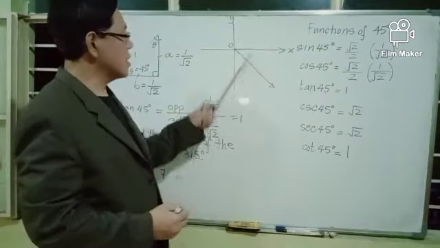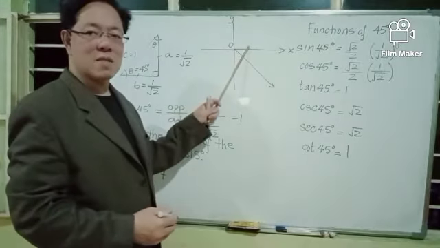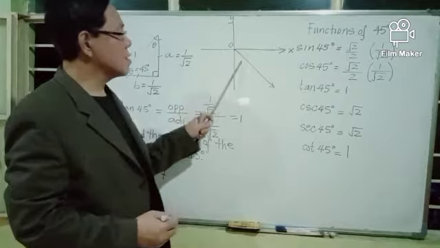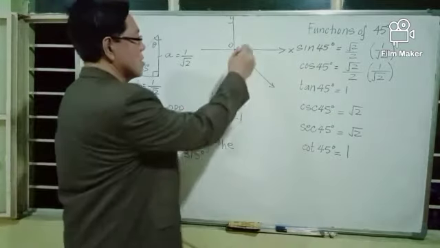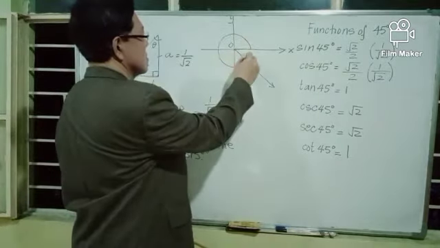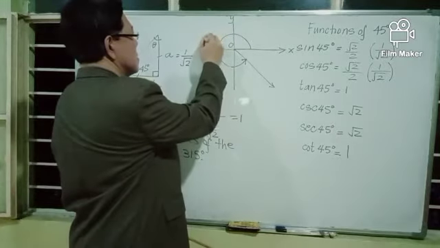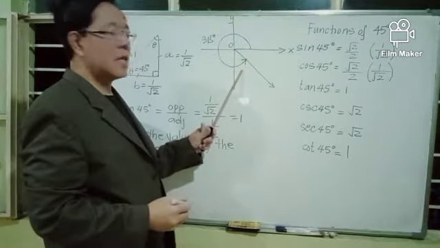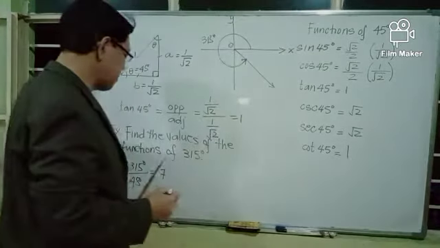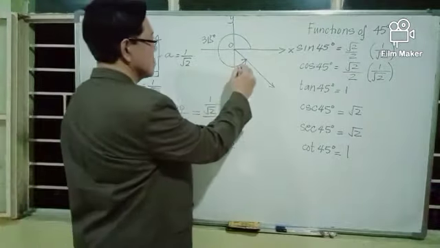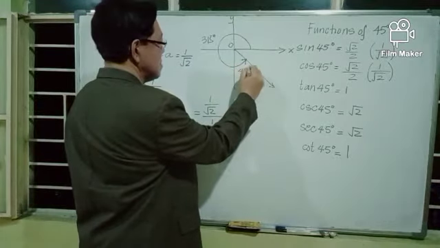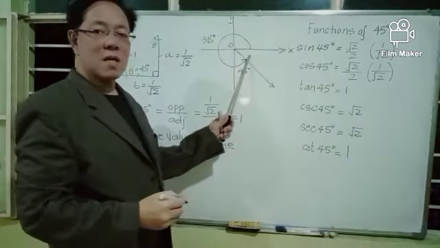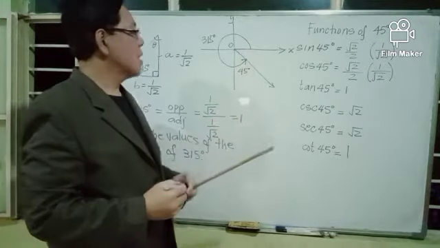It's measured from the positive x-axis, from its initial side, in the counterclockwise direction. And this is the last of the 7 45-degree angles, which means that this angle is also 45 degrees.